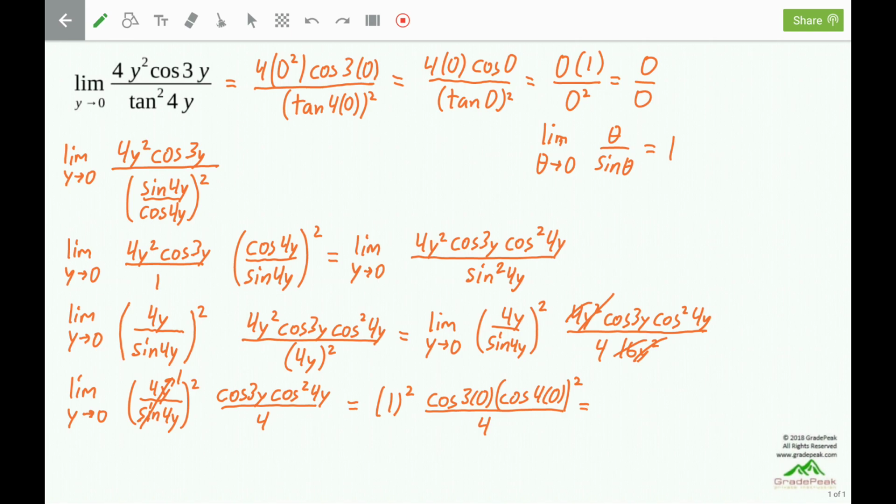The 1 squared is 1, and 1 times anything is the same thing, so we don't need to write that 1 squared any longer. 3 times 0 is 0. 4 times 0 is also 0. And the cosine of 0 is a 1, so we end up with 1 times 1 squared divided by 4. 1 squared is 1 times 1 is 1 over 4.